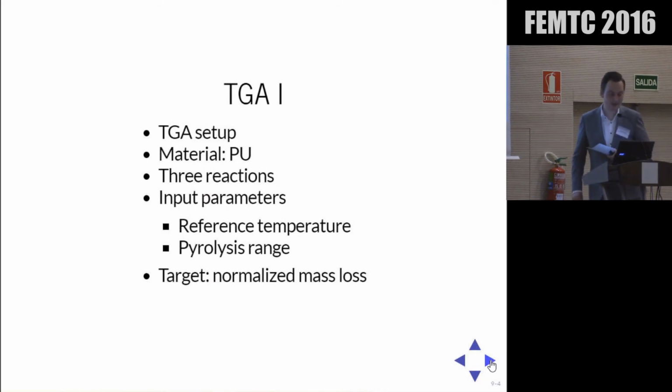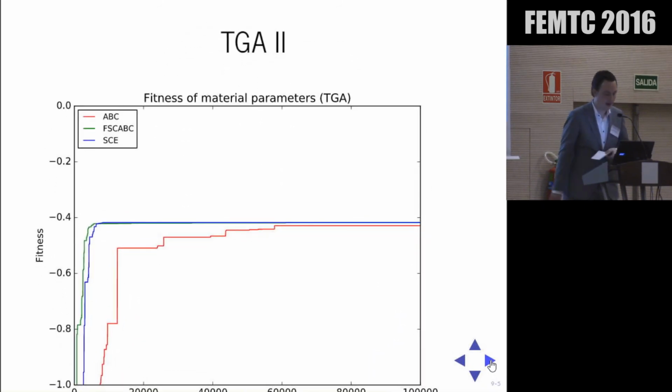We had a TGA setup. As I said, we used PU as material, modeled 3 reactions, used as input parameters reference temperature and pyrolysis range, which makes 6 input parameters at all, and used normalized mass loss as in the simulation before as target function.